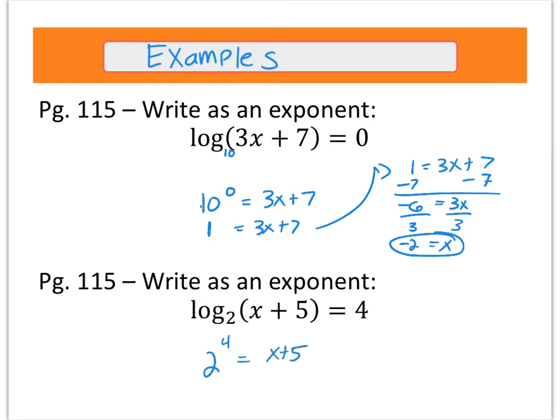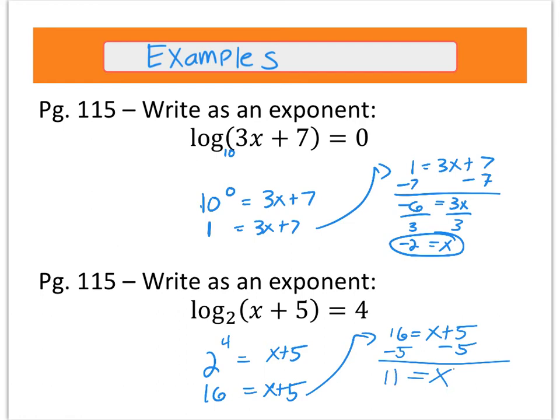You can put that into a calculator. 2 to the power of 4 is 16, so 16 equals x plus 5. And this is a linear function again. Take away 5 from both sides. X equals 11. I hope you see that these are pretty straightforward to solve, so long as you know that you need to write them as an exponent first.